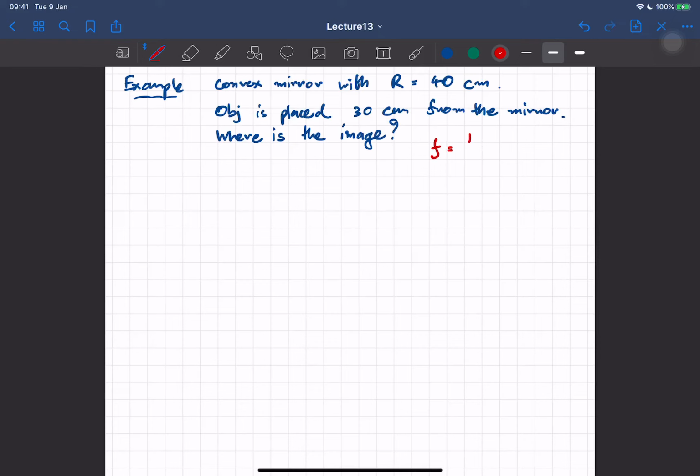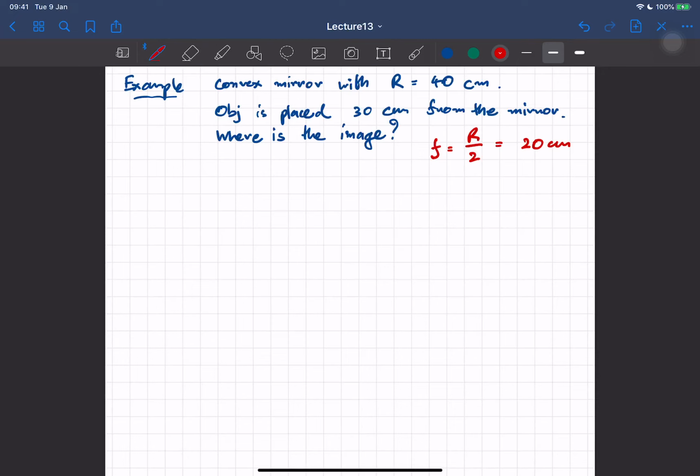focal length is half of that. So it's going to be 20 centimeters. But because it's a convex mirror, the role of the convex mirror is the same as a diverging lens. Remember, for a diverging lens, the focal length is negative because it diverges the light away from the optical axis.